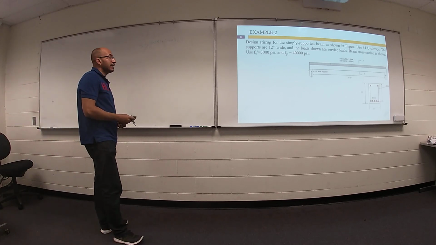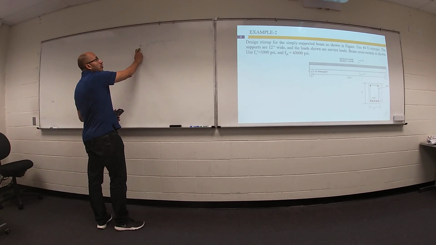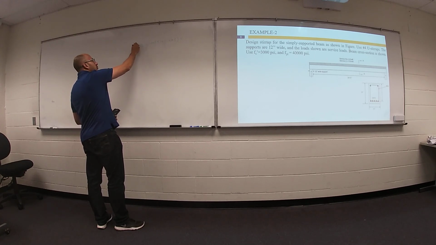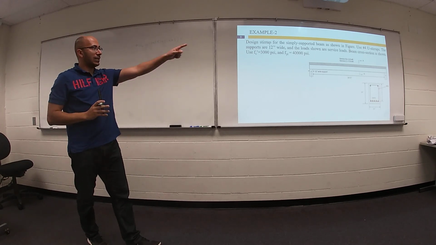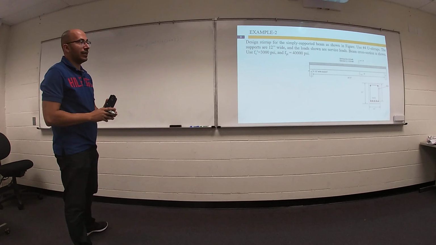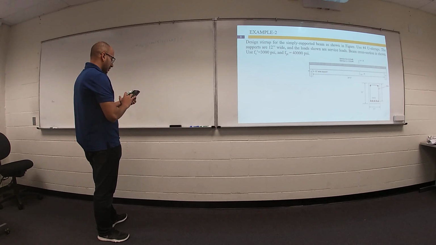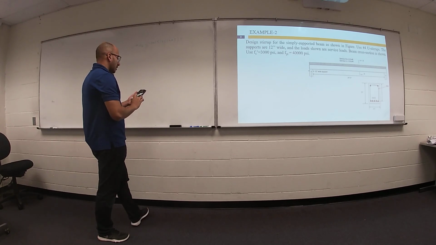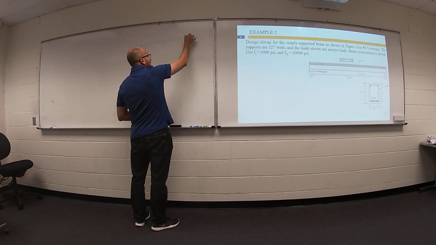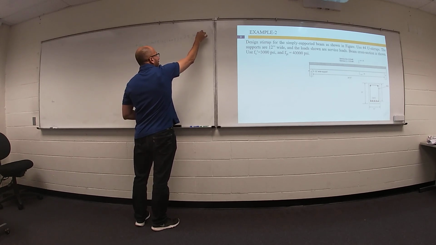I'm sorry, W ultimate. It is still a distributed load, because your dead load and live load are distributed loads. So your value is 7.8 kip per foot.